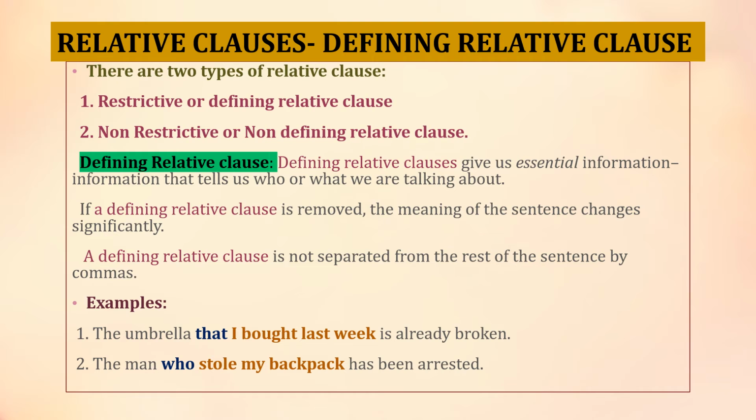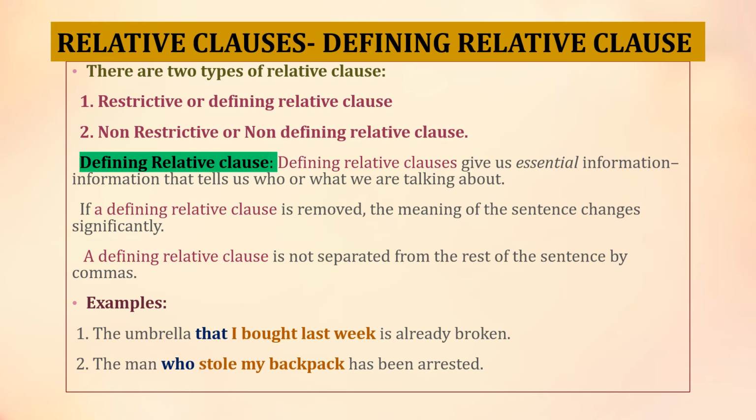Let us observe the examples given here. The umbrella that I bought last week is already broken. In the umbrella that I bought last week, that is a relative pronoun. It states about the umbrella. I bought last week forms the relative clause. If we remove this relative clause, the umbrella is already broken doesn't make a significant meaning.